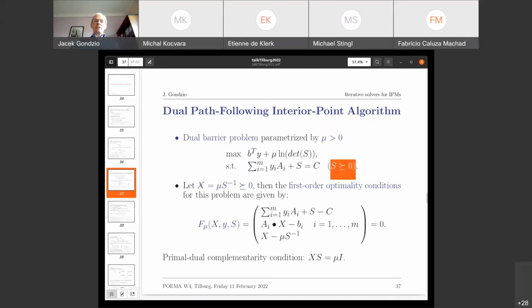And in such case, X will be represented only implicitly as the inverse of S. Optimality conditions are written down here. Primal dual complementarity condition, of course, is always the same. And it means that even if S is sparse, X may be quite dense, because the inverse of a sparse matrix may be a very dense matrix, almost completely dense.